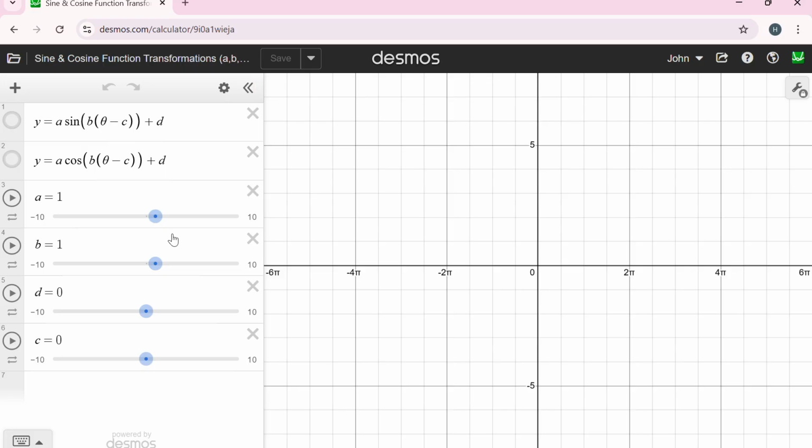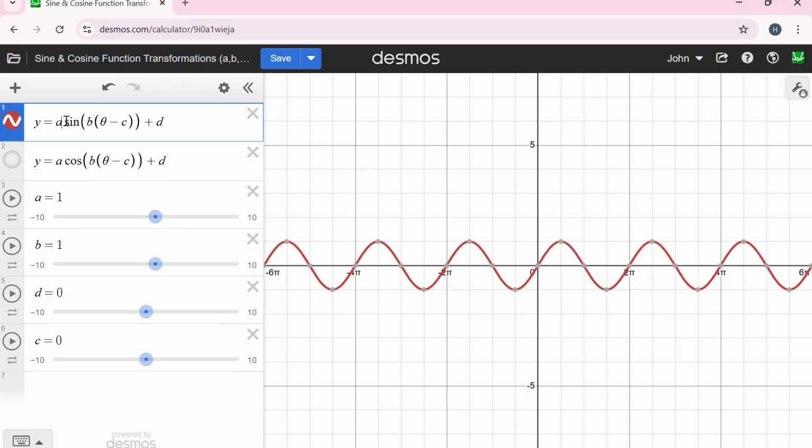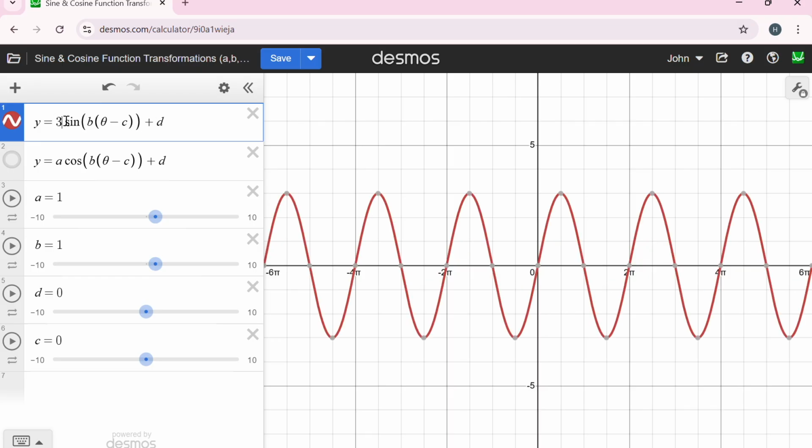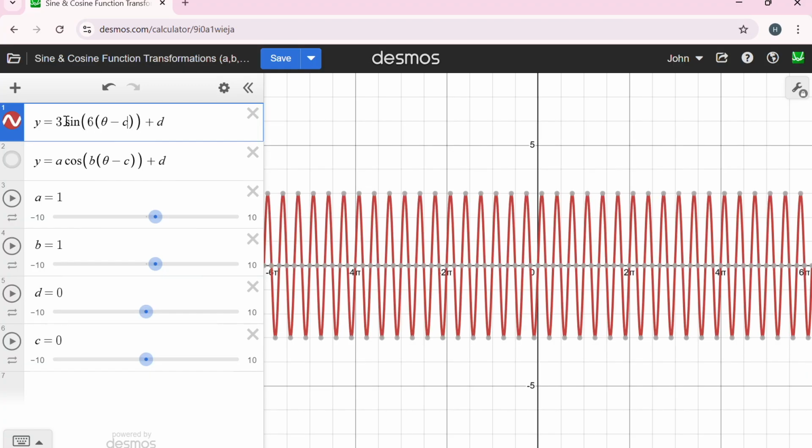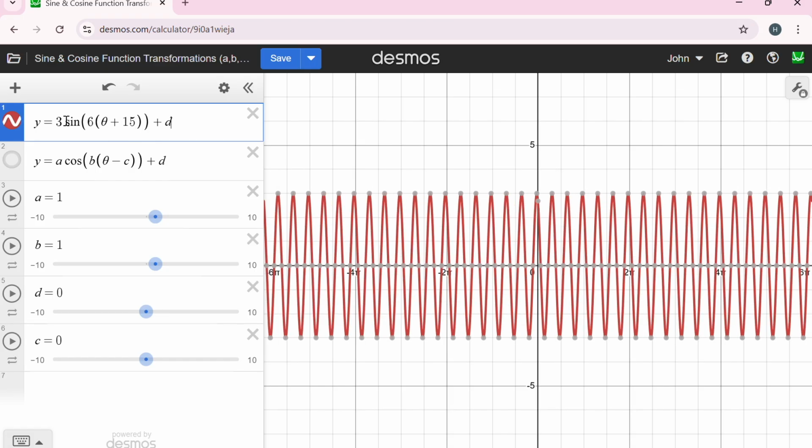Okay, folks, this is number 3. Determine the equation of the sine curve with a minimum point at 90 degrees and 4 and its nearest maximum to the right at 120 degrees and 10. So let me work backwards here. So the equation we started with was y equals 3 sine of 6 theta plus 15 and plus 7.